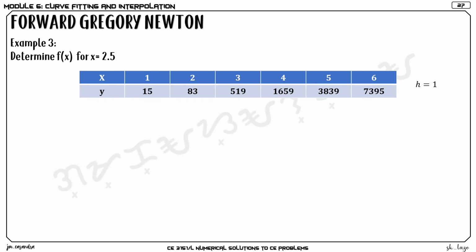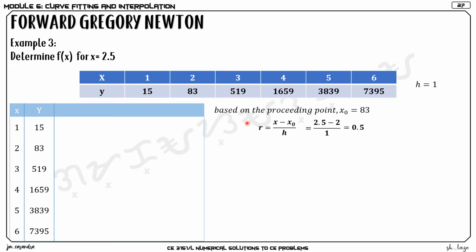Another way of solving example number 3 is basing our x sub o on the preceding point x equal to 2. So r now will be computed as x minus x sub o over h. Still have the same formula, but instead of using the first value of x, we use the second value, which is 2, which will give us a value of 0.5.